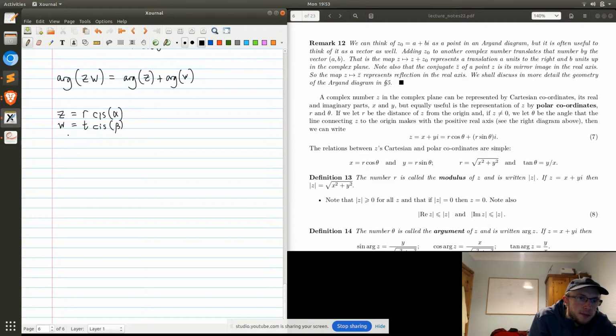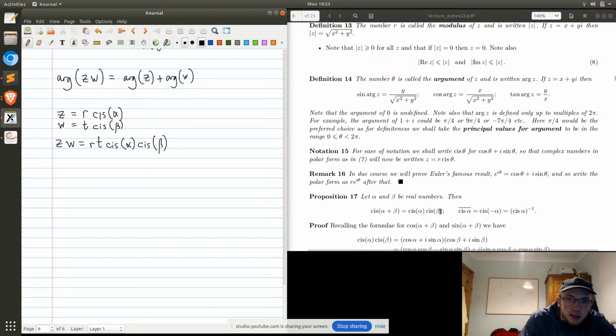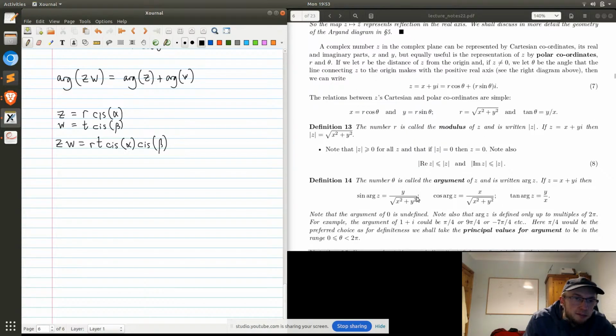Okay, now, what does that product look like when I do this? Well, it should, by definition, be that, right? But I actually worked out what cis alpha times cis beta was earlier, didn't I? In proposition 17, it's just the sum, cis alpha plus beta.